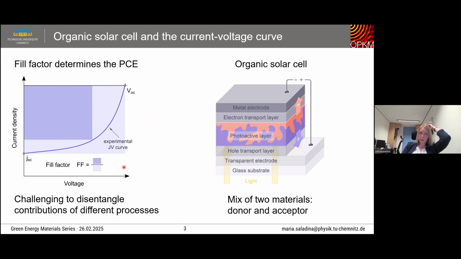My research was really focusing on the fill factor because I find that it's the hardest to interpret. Therefore, it's the most interesting one to study. To understand the JV curve, we were using JV curves at different light intensities and analyzing them mostly at VOC. So this will be the focus of my talk.